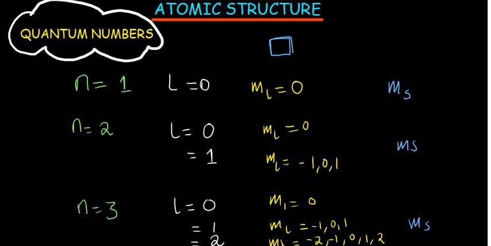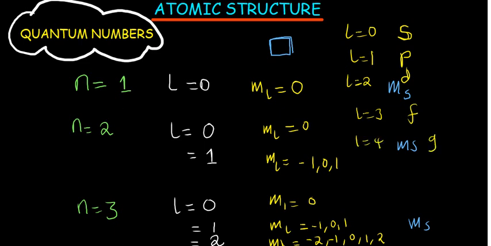Whenever you have L equal to 0, you should know this is an s orbital. Whenever L is equal to 1, this is a p orbital. Whenever L is equal to 2, this is called a d orbital. Whenever L is equal to 3, this is called an f orbital. L equal to 4 is the g orbital, the s, p, d, f, g. So this is where the spdfg configuration we are going to understand comes from.